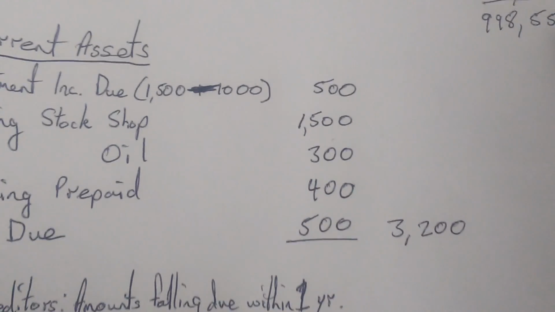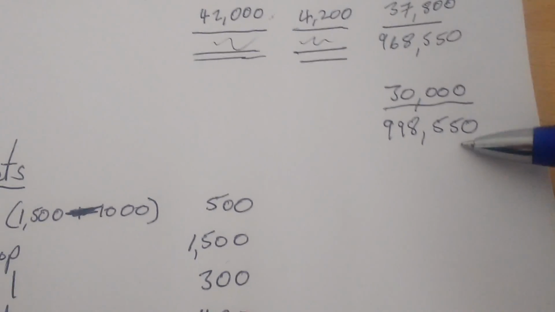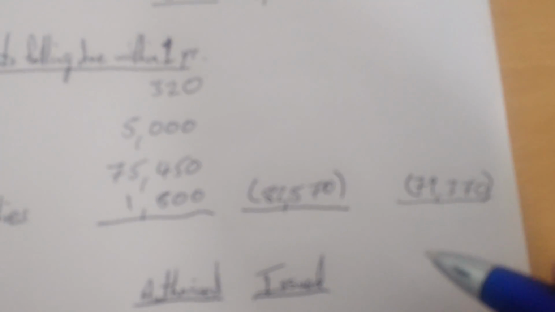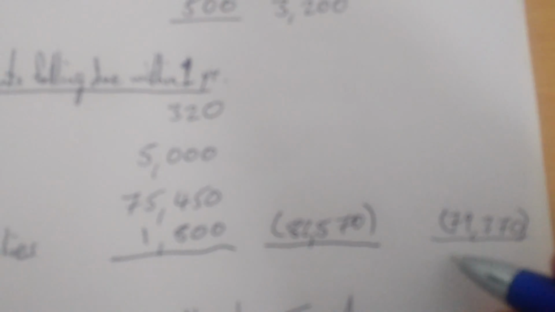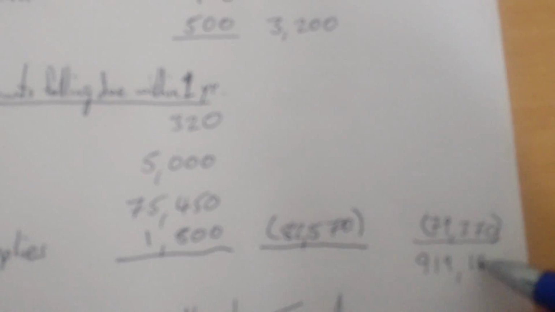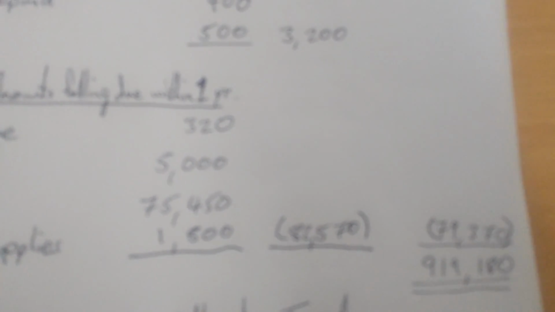And we're adding that figure, as always, to the figure that we have up here, the 998,550. But because it's a negative, we're adding a minus to it, so it's going to reduce the balance in total. So if I add the two of those together, I get 919,180. Okay, double check the addition on this afterwards, although I'm feeling reasonably confident today.